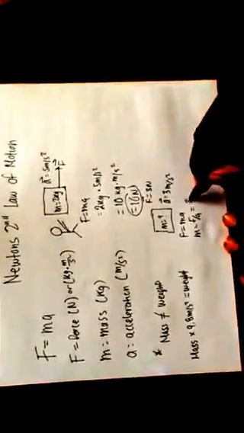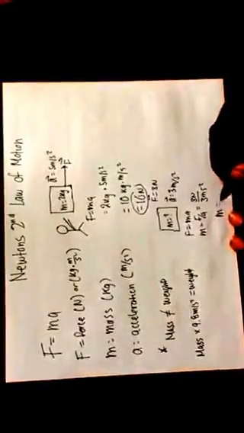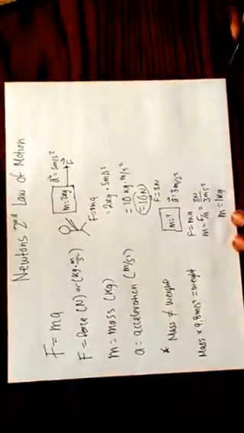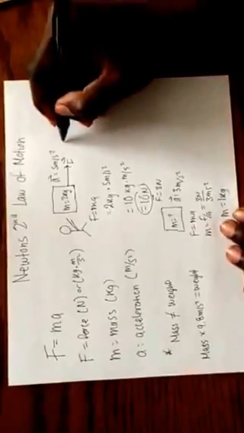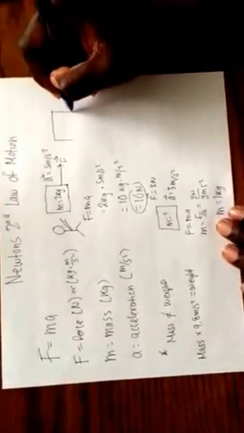Given the same equation, we just rearrange the equation for m. So m would then be equal to F over a, which would then be equal to 3 newtons, which is the force, divided by the acceleration of 3 meters per second squared, giving us an m equal to 1 kg.